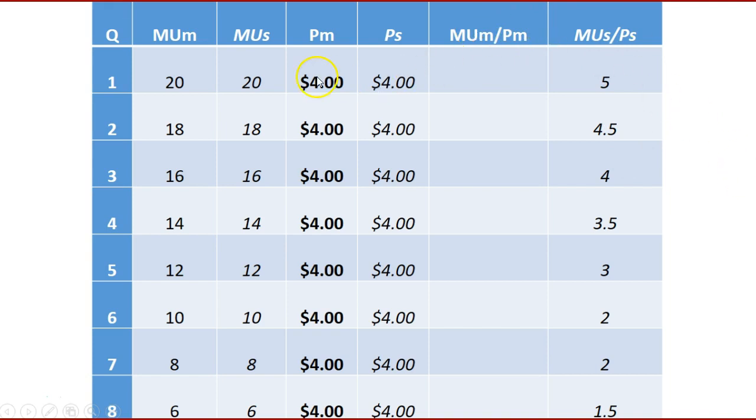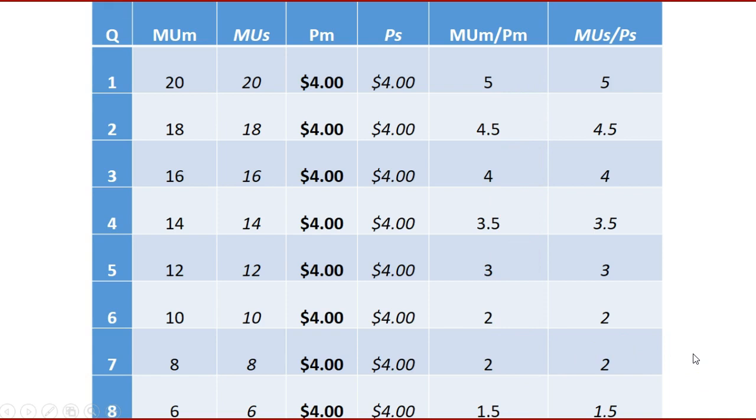So we recalculate. Marginal utility per dollar, 20 over $4, 18 over $4, 16 over $4, and so on. And here we've got our marginal utility per dollar. So surprise, surprise, the marginal utility per dollar for Mars bars is now exactly the same as the marginal utility for Snickers at every quantity.